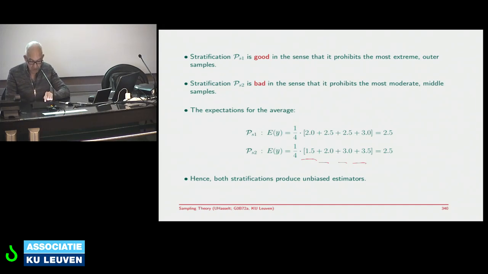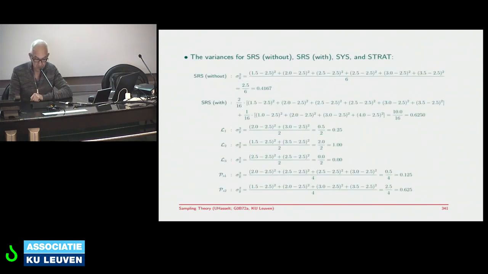But I do see that here I have a smaller value than any value here, and here I have a larger one than every value here. So it must be a little more variable. So let's calculate the variances and add it to what we have used before. So simple random sampling without replacement, we got a variance of 0.42. Simple random sampling with replacement, it's 0.625.